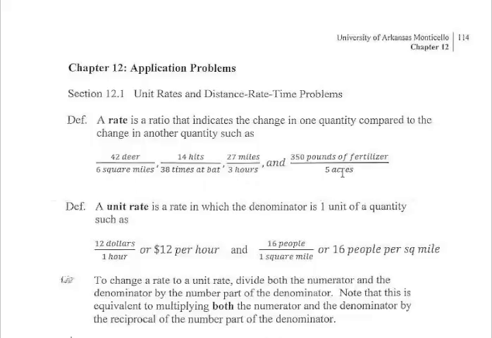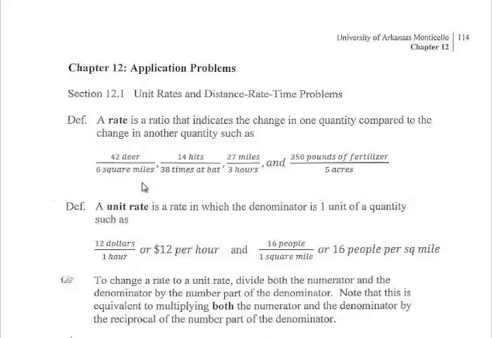Here are some examples of rates that you could have, but basically what you're doing is comparing one quantity to another one. As you notice with the rates, we see a non-unit number in the denominator. Game and Fish maybe captured some deer on a deer cam, or estimated how many deer there are per 6 square miles.